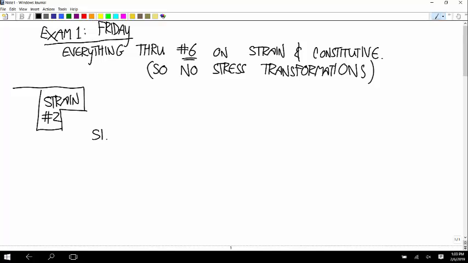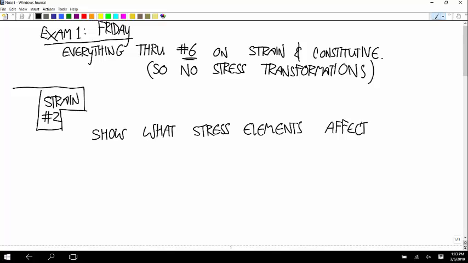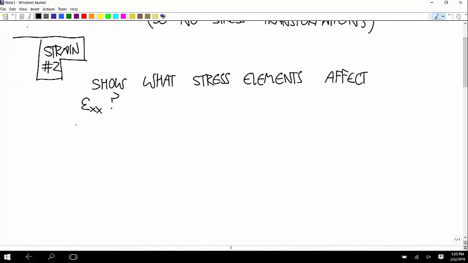So, like, show what stress elements affect the XX strain, say. Okay, and the equation is epsilon XX, YY, ZZ, gamma YZ, gamma XZ, gamma XY.